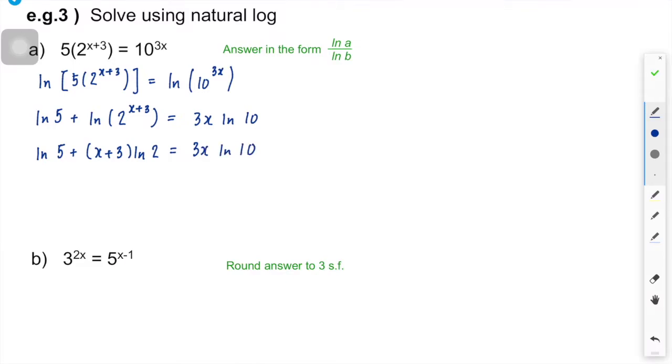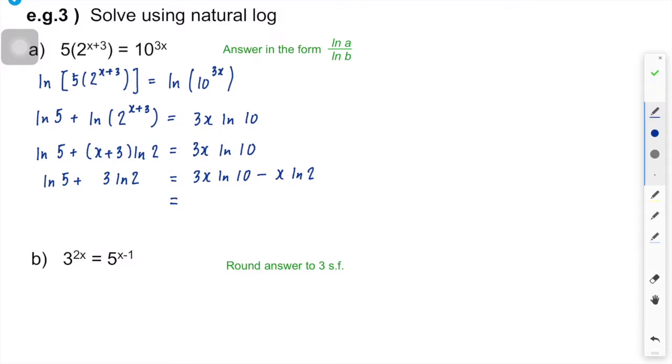After this step, I'm going to expand x plus 3 times ln 2 and also gather like terms. I'm going to put all the x's on the right and all the numbers on the left. Okay, so here I have ln 5 plus, now because this is x ln 2, I will subtract that from both sides of the equation and then continue with expanding 3 times ln 2.